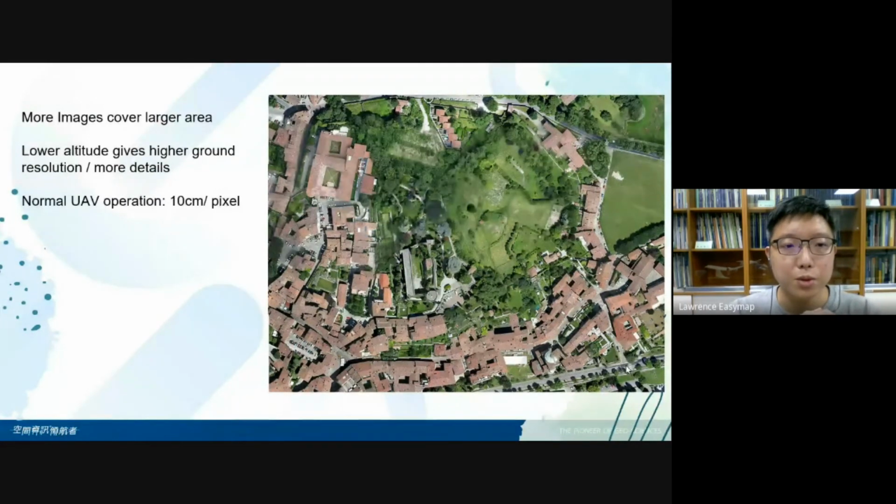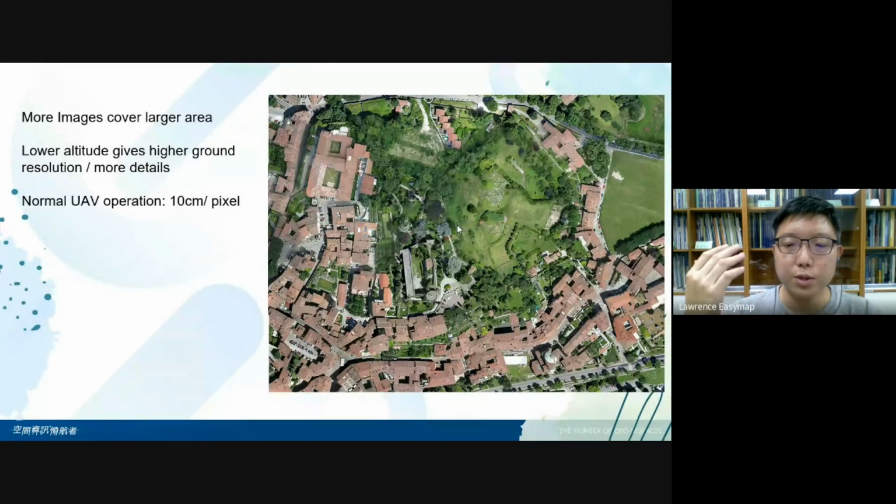For normal UAV operation when we create a map, it can go up to around 10 centimeters per pixel. It means that when you zoom in on the picture, 1 pixel represents 10 centimeters. This is a pretty good resolution.